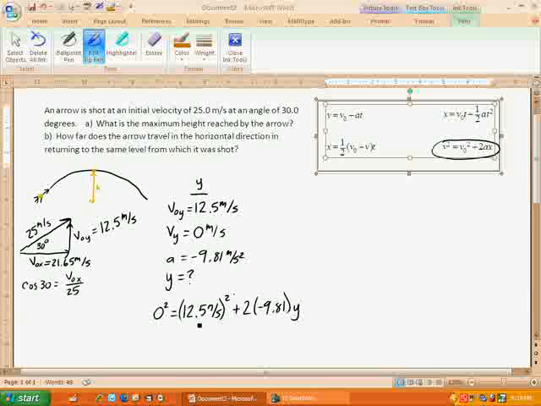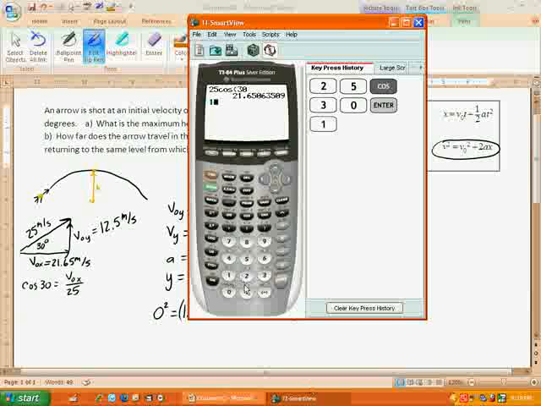Going to my calculator, 12.5 squared is equal to 156.25.